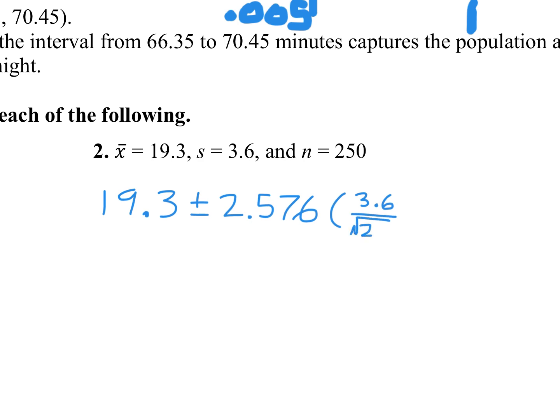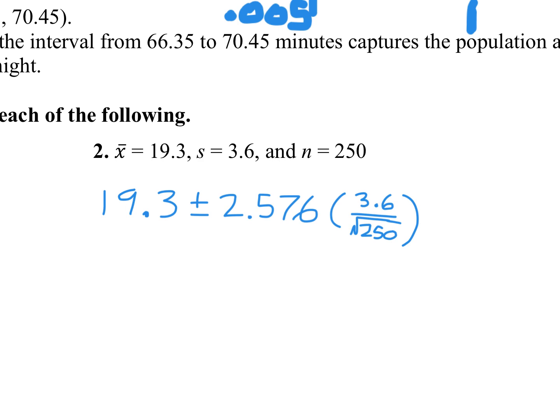The standard deviation changes based on your sample size. Whenever you increase the denominator, it makes the standard deviation smaller, and that's because the more people or items that you sample, the more accurate you can expect to be. That's why you would have a narrower confidence interval.